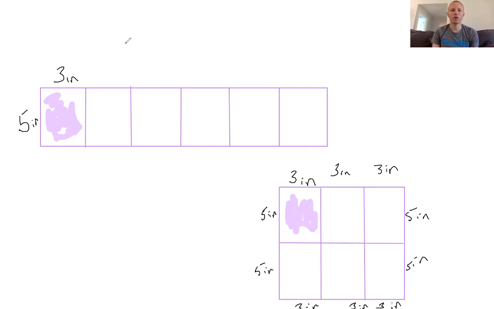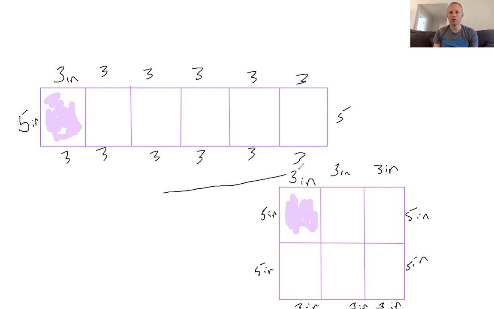And then we can go up here and do the same thing. We can go 3. For the sake of time, I'm not going to label these, but you know that you should. Okay, and now I'll draw a line between these two things so we don't get them confused. Now we can find perimeter.